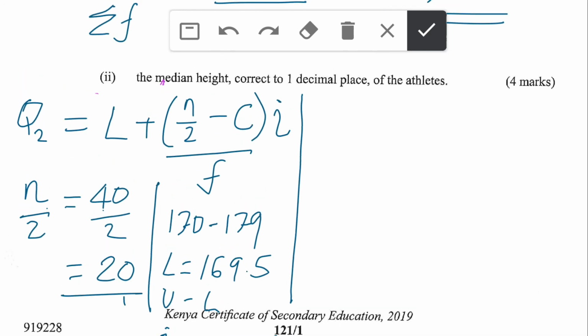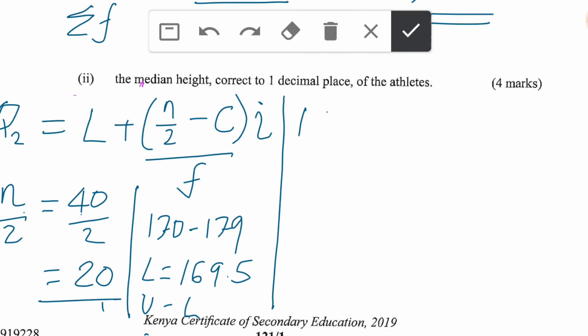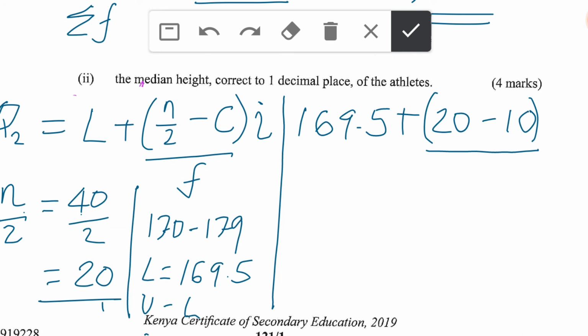So having all those values, now we can plug them in our equation. So L is 169.5 plus n over 2, we found it is 20, minus C, we found it to be 10, over F, we found it as well to be 10, and I, we found it to be 10 as well.